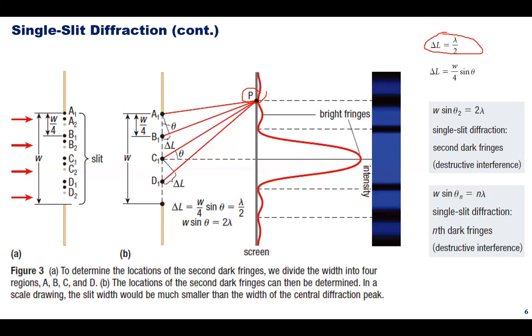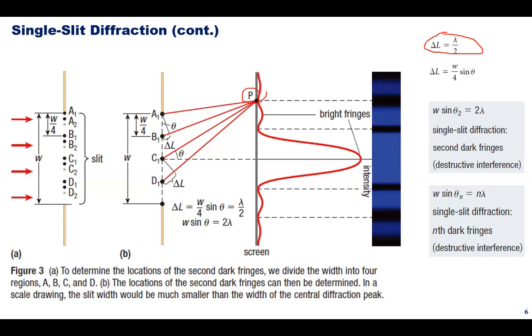So these waves also interfere destructively. The path length difference is the same for waves from other pairs of points, A2 and B2, C2 and D2, and so on. So these waves also interfere destructively, resulting in no light, or a total intensity of 0 on the screen.